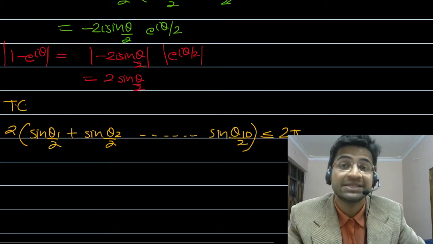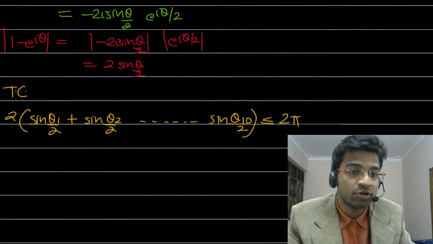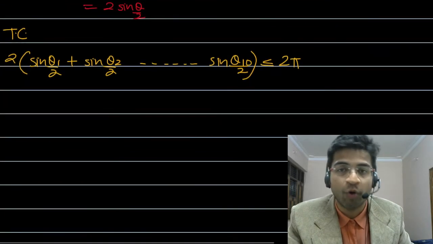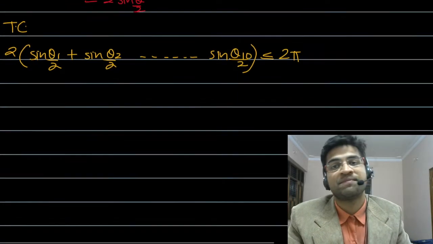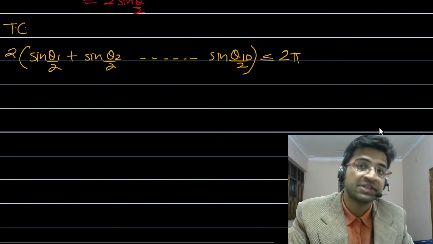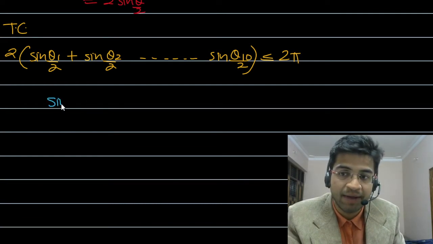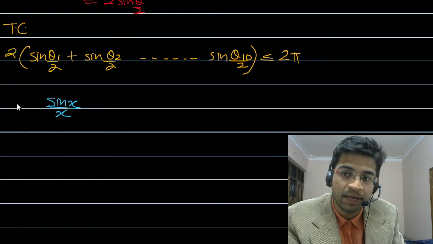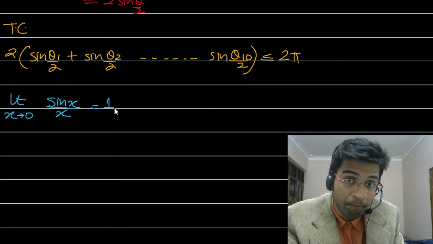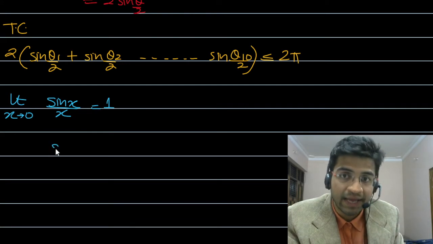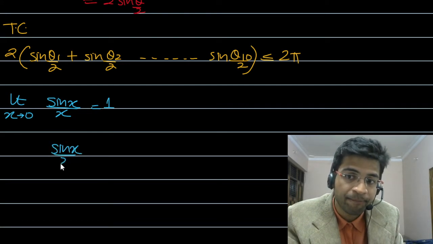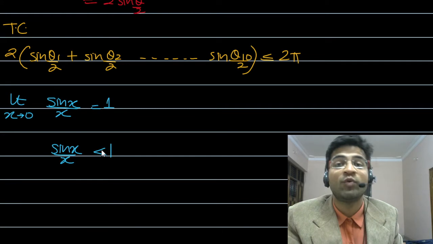Important thing is, this question, although based on complex numbers, also involves the concept of limits. You should be aware that limit of sin x by x as x tends to 0 is equal to 1, but it is less than 1.